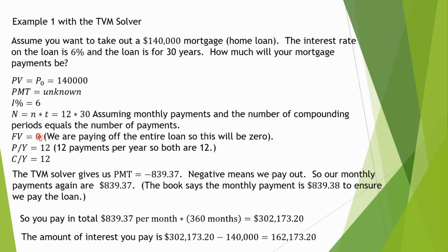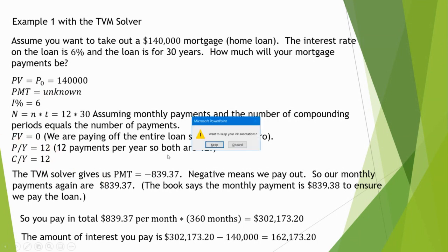That's the future value of the loan, and we want that to be 0. P/Y is payments per year, and C/Y is how often it's compounded per year. These two are always the same. In this case, it's 12 because it's a monthly payment, but they're always equal to each other.